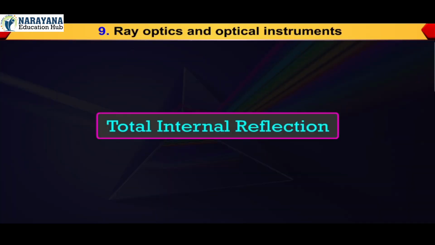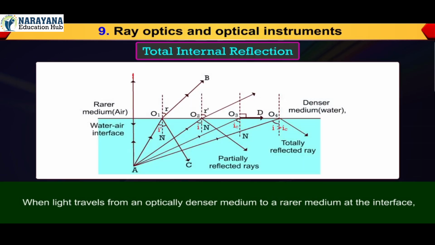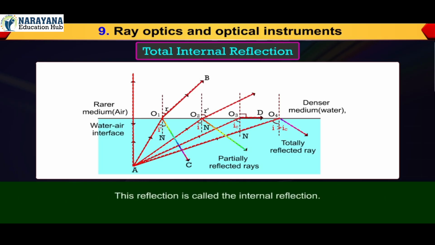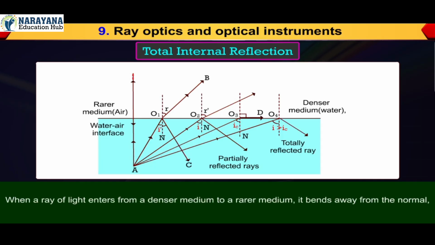Total internal reflection. When light travels from an optically denser medium to a rarer medium, at the interface, it is partly reflected back into the same medium and partly refracted into the second medium. This reflection is called the internal reflection. When a ray of light enters from a denser medium to a rarer medium, it bends away from the normal.